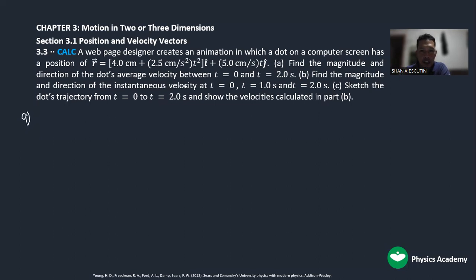For letter A, find the average velocity between this interval, given this position as a function of time.